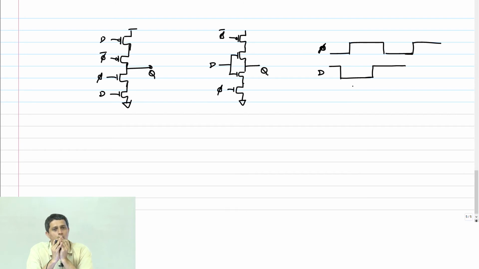What should happen to Q after the data has been sampled and is going to be held? So in this case, when phi equal to 1, the latch is in what state? It's in transparent state, right? So any change in D will just go through, right? There's no problem there.